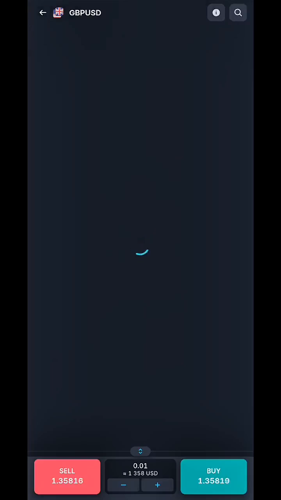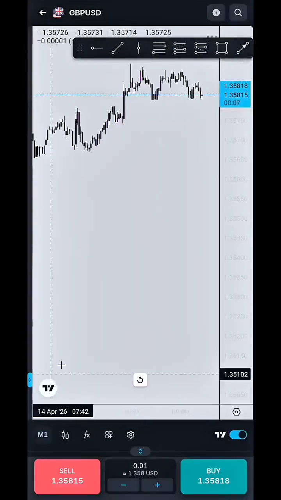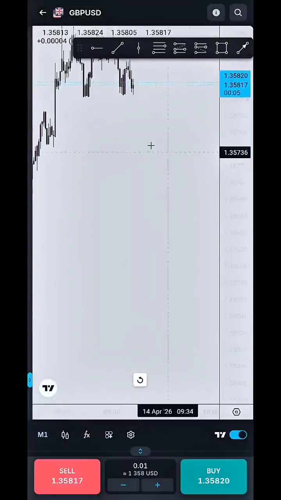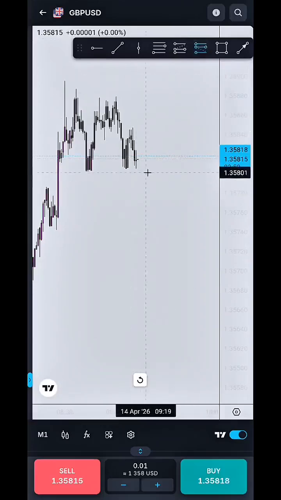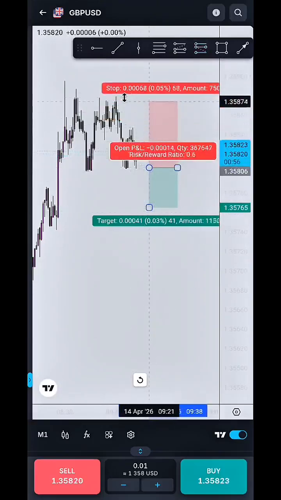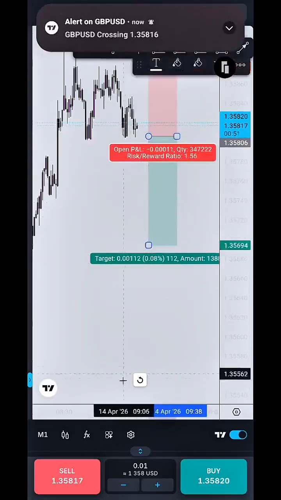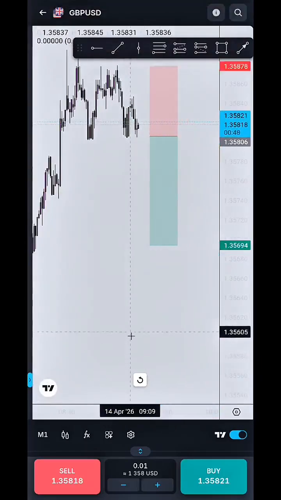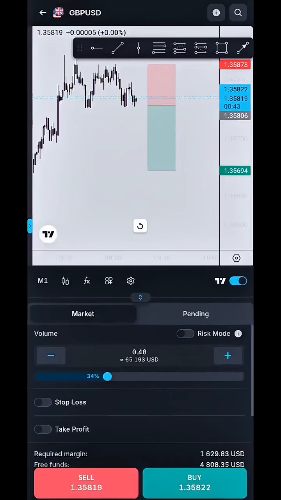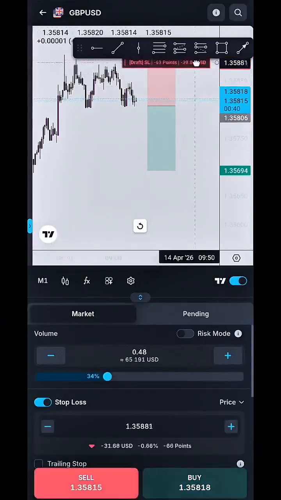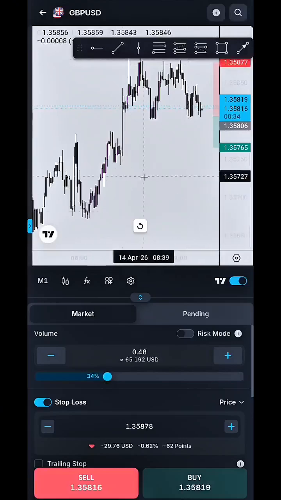This is most likely consolidation, but I can consider looking for a one-on-one risk to reward trade on this setup right here, which looks like this, with stops above there.